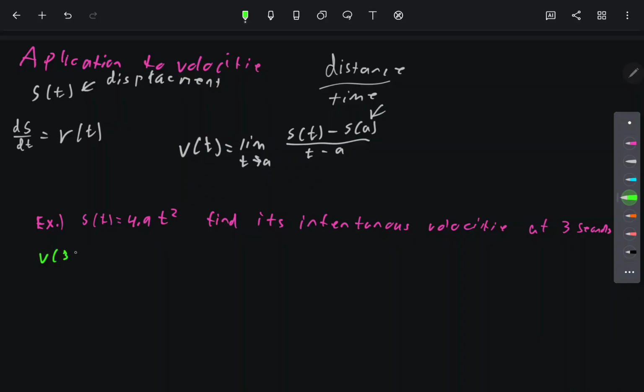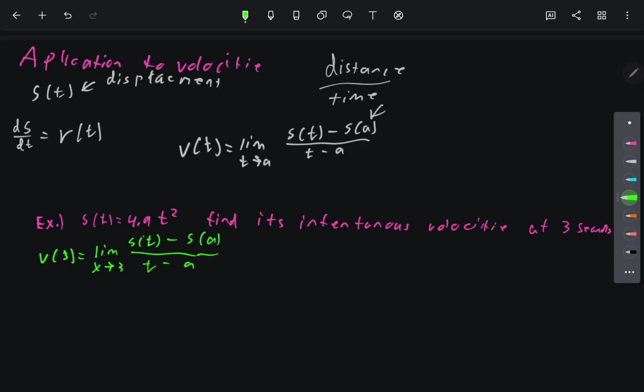We have v of 3 is equal to the limit as t approaches 3 of s of t minus s of a, all over t minus a. I got that backwards, I apologize. Okay, so we can find this value really easily.